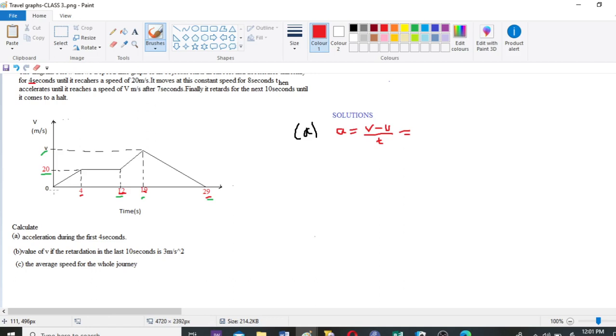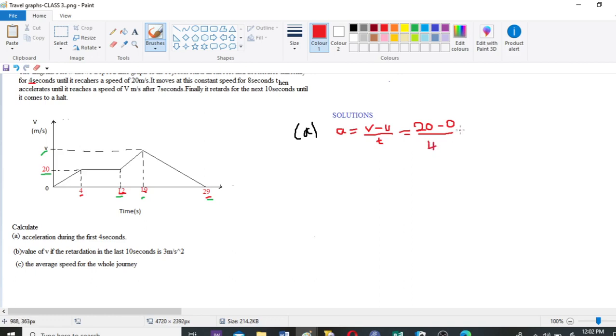From resting, the car reached a speed of 20 meters per second. So in the first 4 seconds, our final velocity is 20 meters per second, minus initial, which is 0, when the car was not moving. This speed changed within 4 seconds.